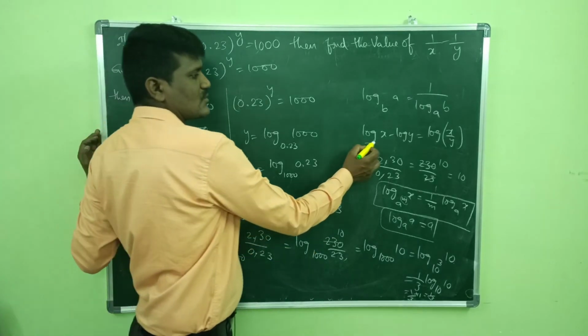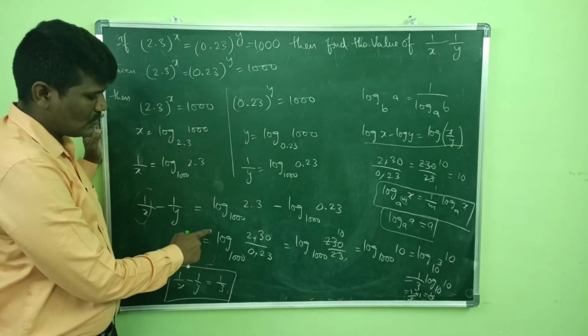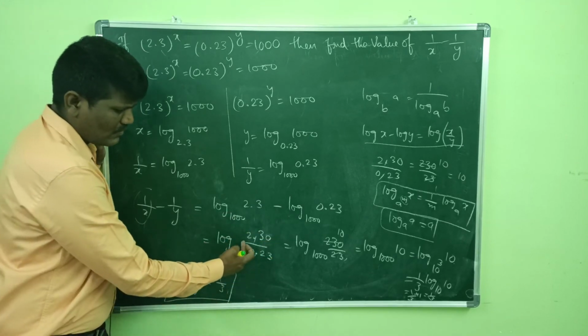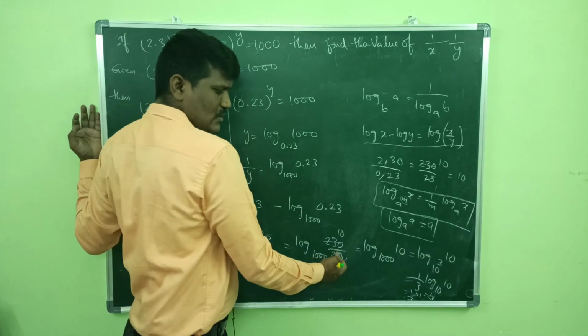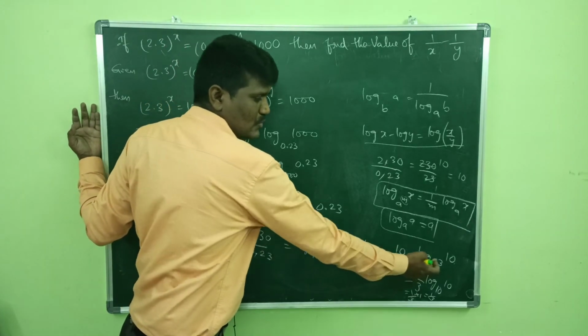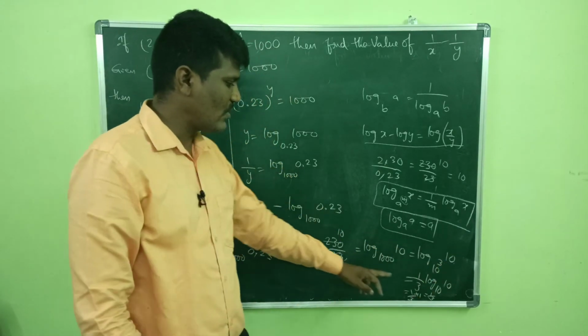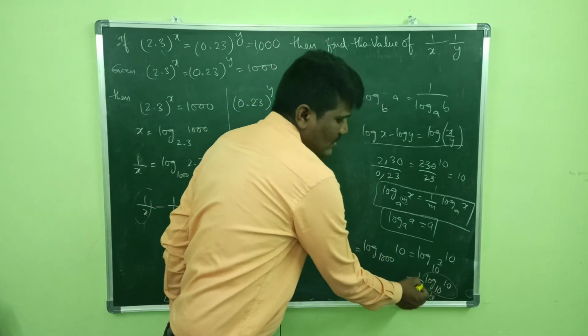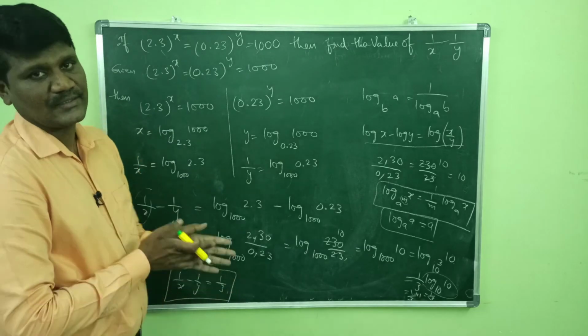Now use log x minus log y, which is equal to log x by y. While cancelling this, I got log 10 to the base 10 cube. So log 10 to the base 10 cube is nothing but 1 by 3 log 10 to the base 10. Log 10 to the base 10 value is 1. So I got 1 by 3.